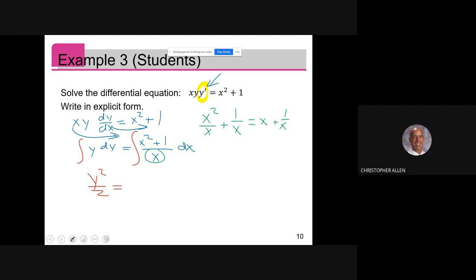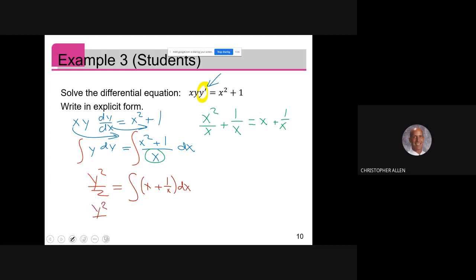However, now I'm going to be able to integrate this. So this is going to become the integral of x plus 1 over x dx. So my left-hand side's already done, but I had to do one little algebraic step. So I just want to remind you, sometimes you have to massage these expressions a little bit. Now we can integrate the right-hand side.